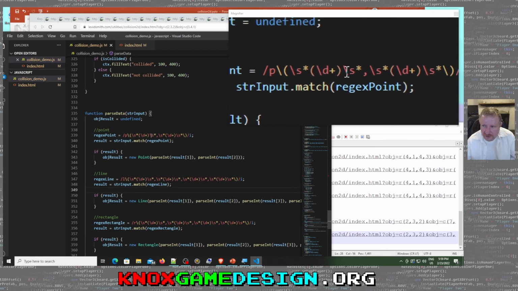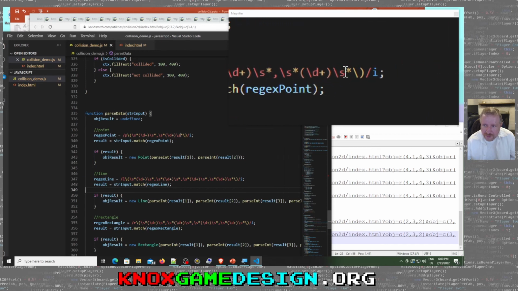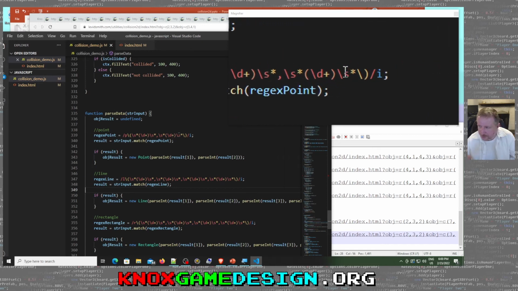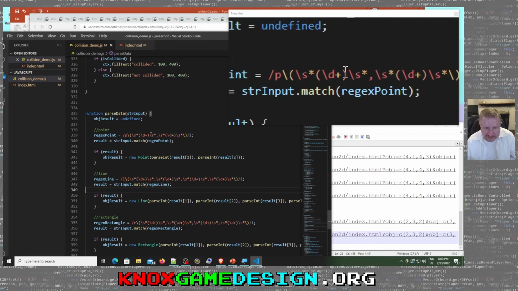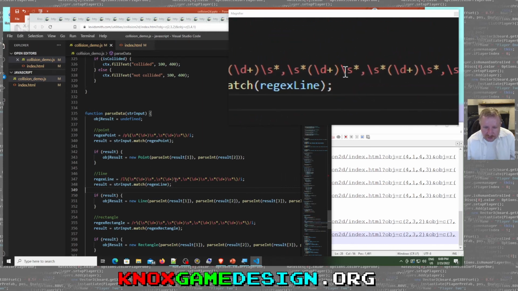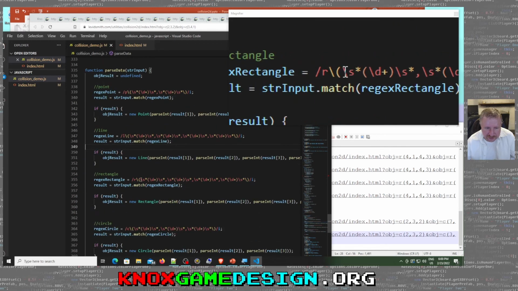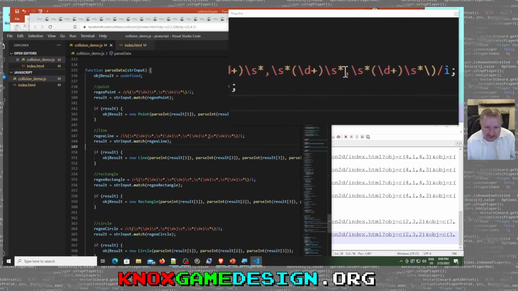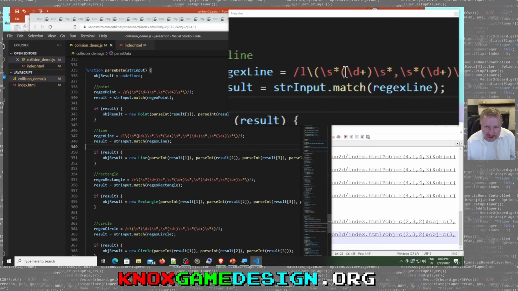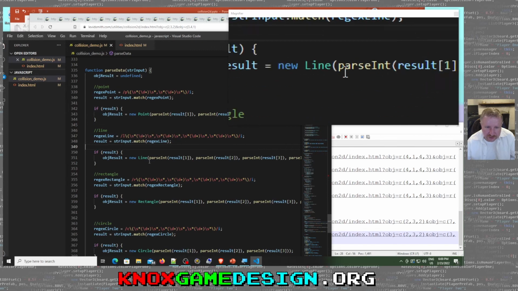So here's the regex for a point. It's basically 2 decimal values. I went ahead and put in extra spaces just in case people put in extra spaces, it'll still match. Here's the regex for a line. It's 4 decimal values, x1, y1, x2, y2, separated by commas.